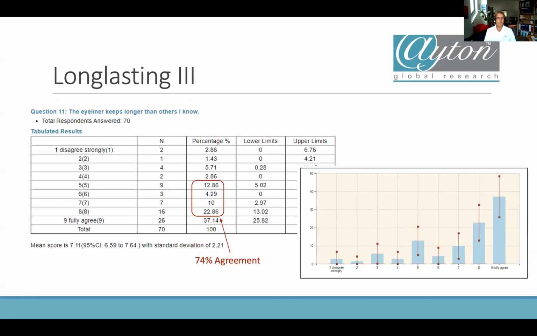And also here you see that three quarters of the people agree to the statement. So it's definitely an improvement versus the competition. People know their eyeliners, they have their eyeliners, but this is definitely an eyeliner that lasts longer than other eyeliners on the market. So definitely an improved version and a good proposition that is validated.